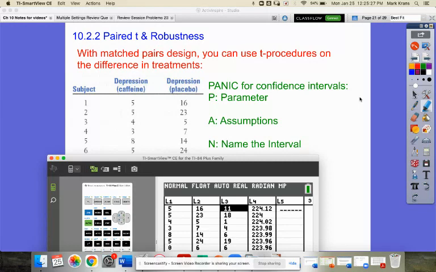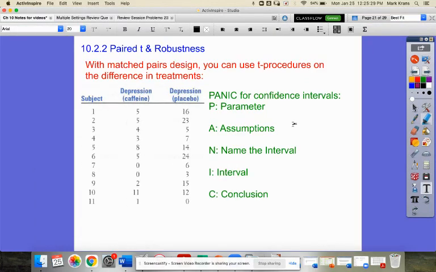So the parameter that we're looking for is the true mean difference in depression between placebo and caffeine. Okay, the assumptions. These people were randomly assigned, so it counts as a simple random sample because they were randomly assigned to treatments.